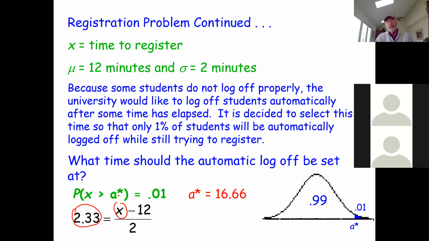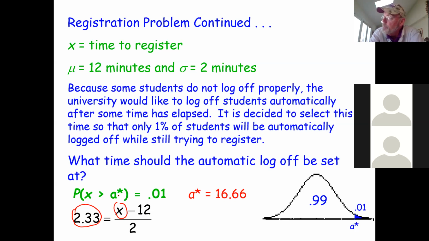So there is our value, 16.66. What are the units there? Minutes. So the units are minutes, right?